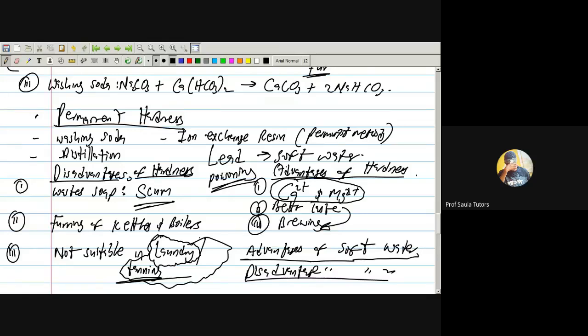Which water has effects on lead pipe? Soft water. That is why they always make the water that passes through pipes a little bit hard, so it won't have effects on lead pipe. Are we together? Yes.